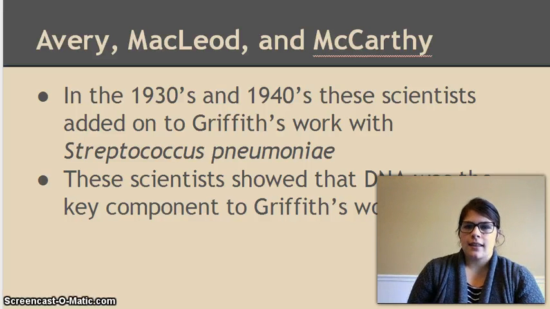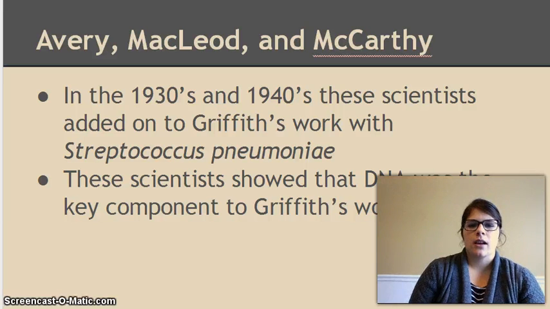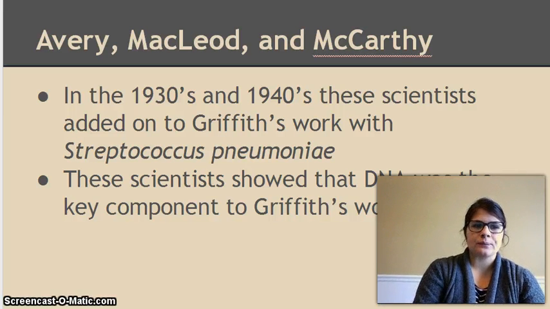They knew that the DNA was there, and they did additional tests on the Streptococcus pneumoniae. What they found out was that DNA was the key component of Griffith's work, and we knew DNA was there and it coded for our genetics. So that was a huge discovery for us.